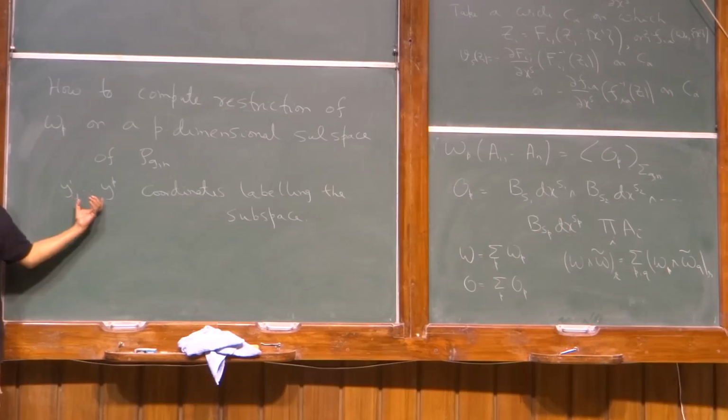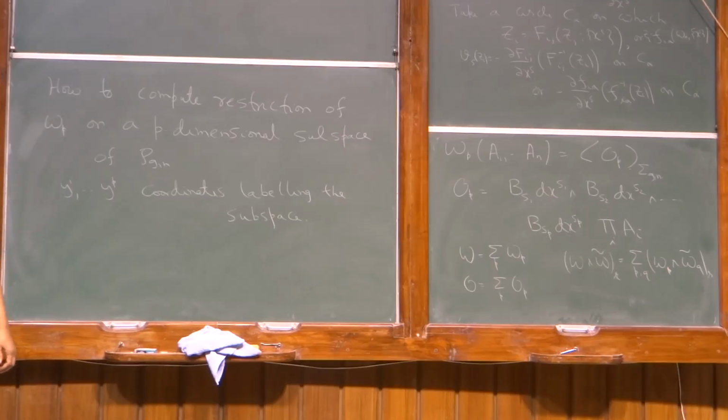And a given point in this space is a point in PGN. A point in PGN means the set of transition functions Fij and small fi, because that's what defines the point in PGN, as well as the phi.